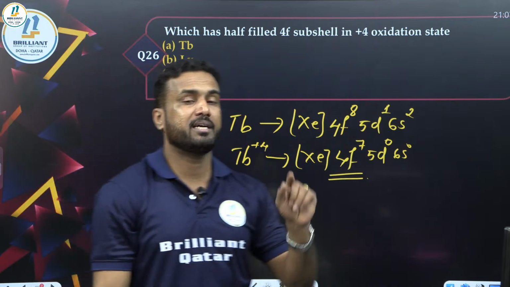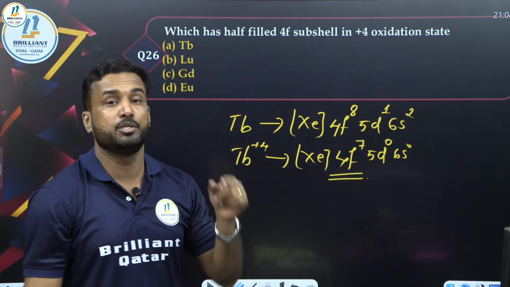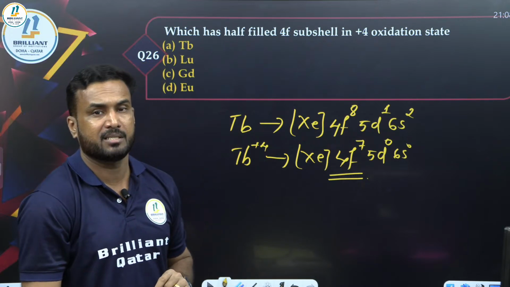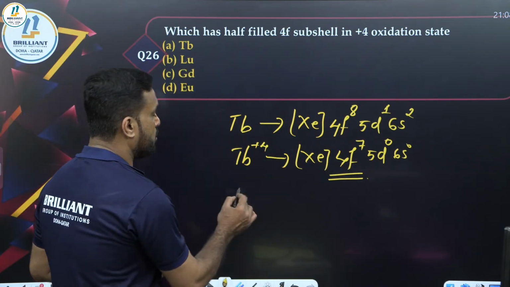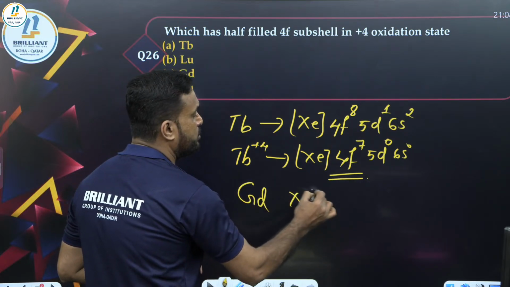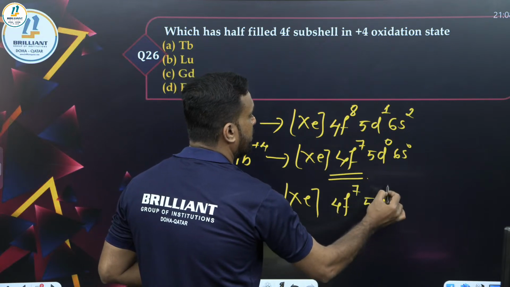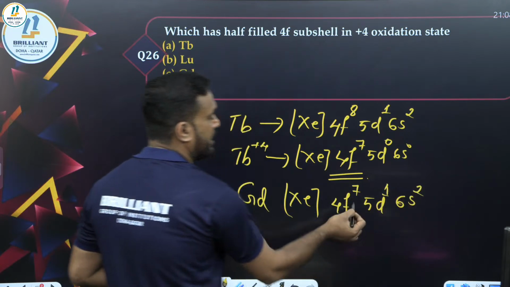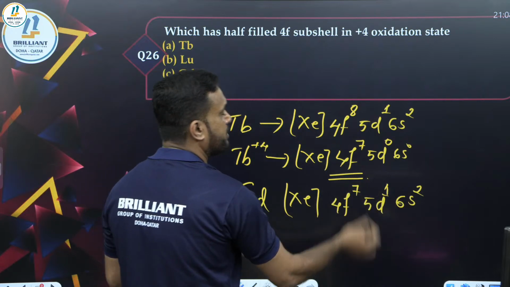So it is there in the notes, half filled 4f7, and cerium 4f0, and europium also you have to keep in mind. That is another exception. Even gadolinium can also form Gd. Gd is the 7th element, I told you. So xenon, 4f7, 5d1 and 6s2. So that is already 7, and even in plus 3 it will be stable because it will be 4f7.